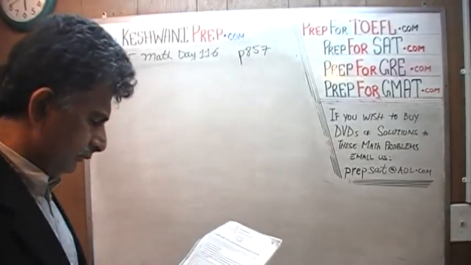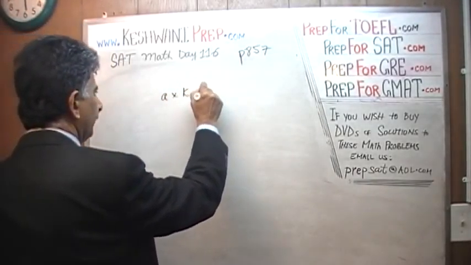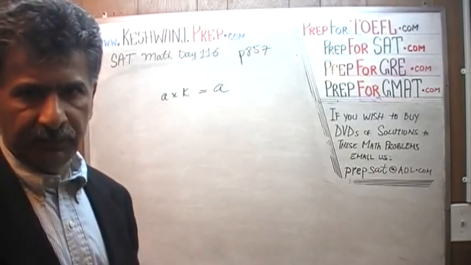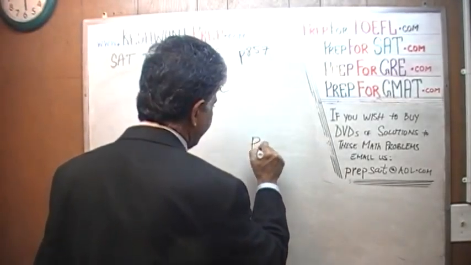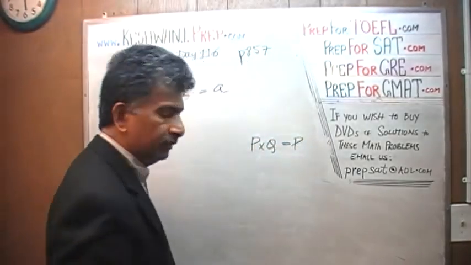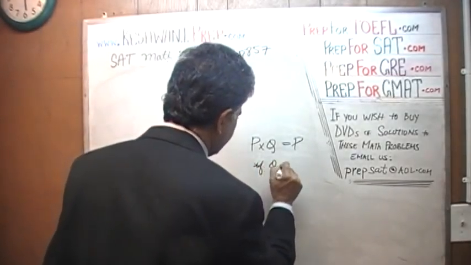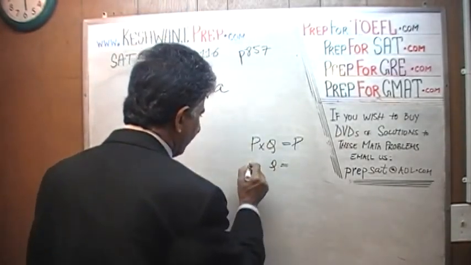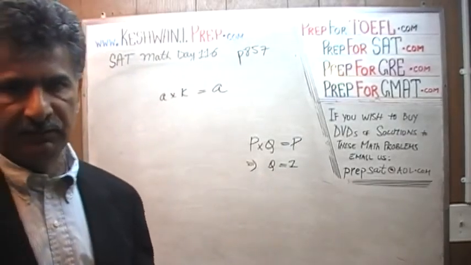Number 2. If A times K equals A, well, if you have a number times another number equals the number that you started out with, for example, if P times Q equals P, then the only way that is possible is if Q must equal 1. That's the only way that is possible.